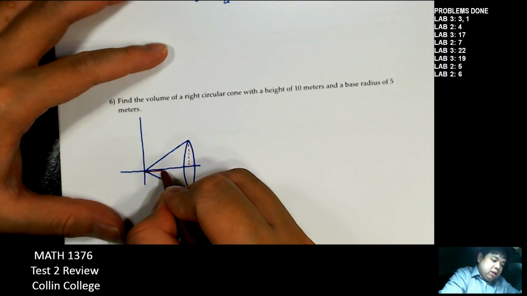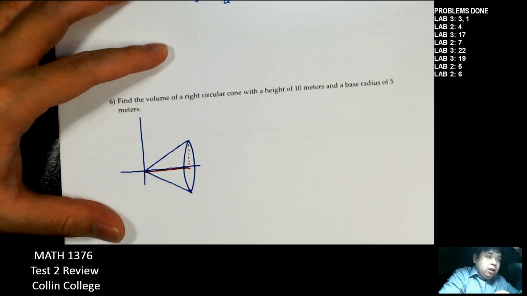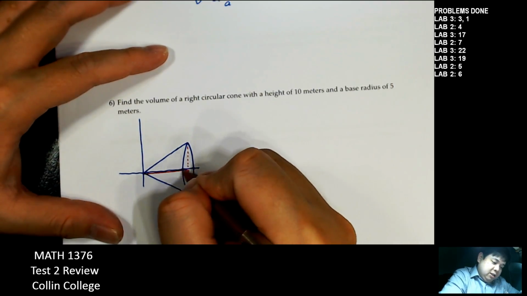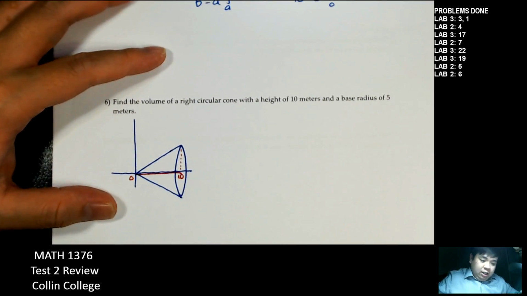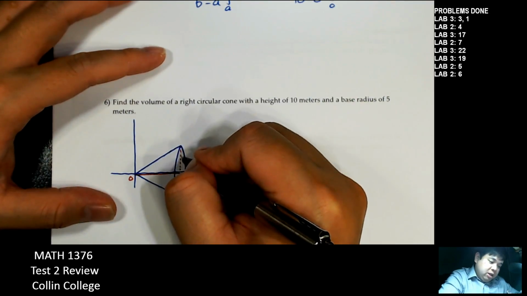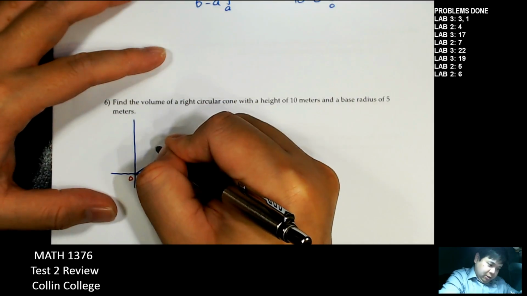The height of the cone will be just this, which is 10. So we go from 0 to 10 here, and the base radius is 5, so this is 5.